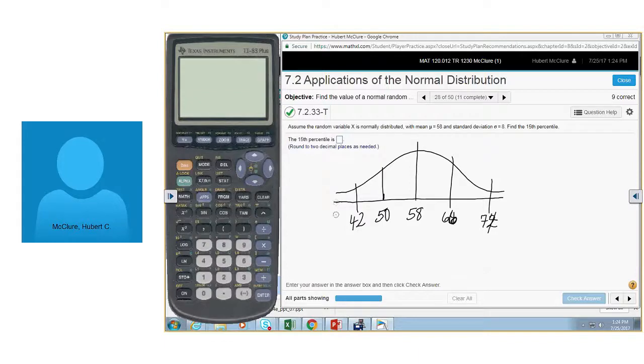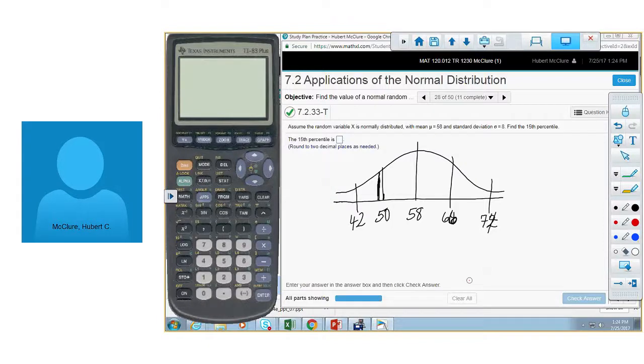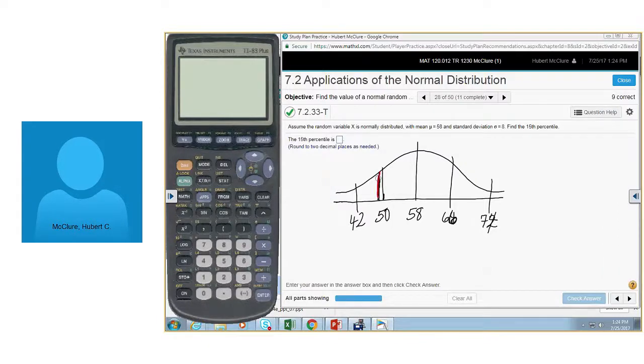Okay, so 15 would be where? So the 15th percentile is right in here. So 0.1500 is this area.